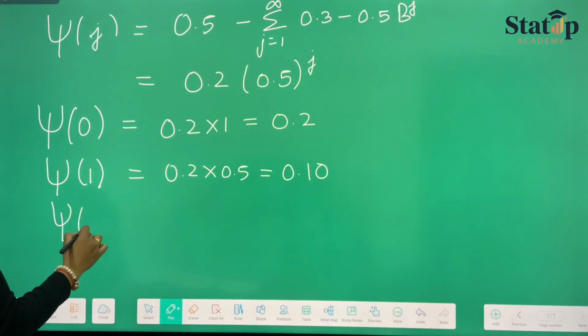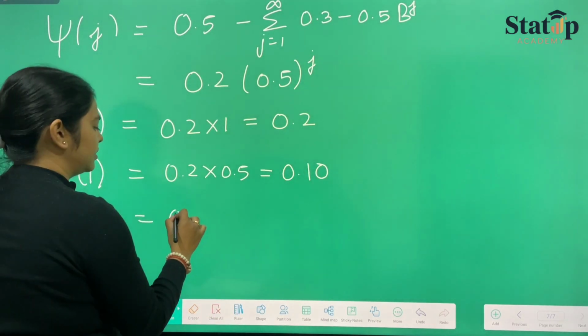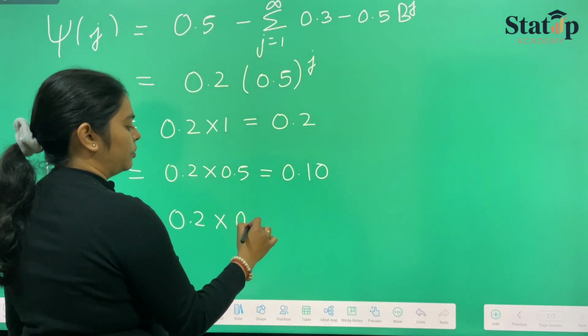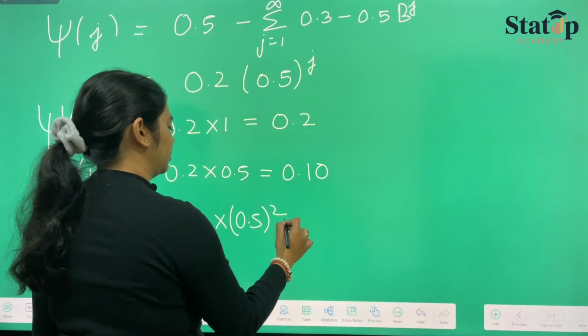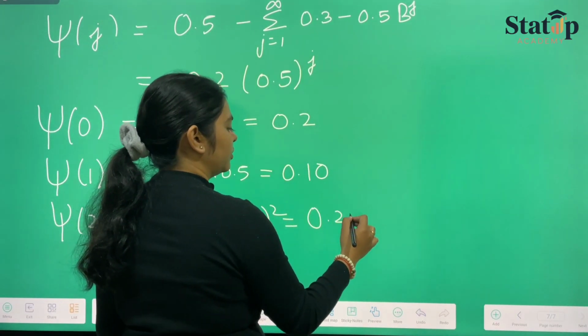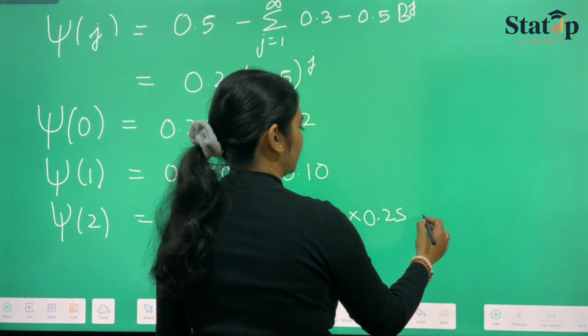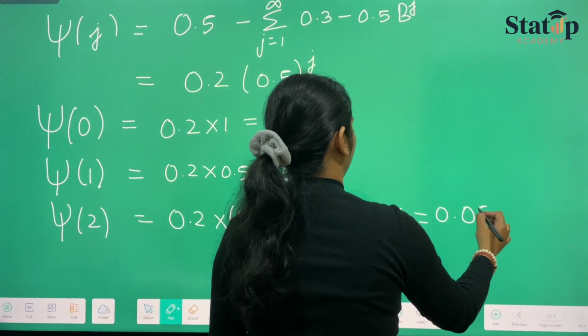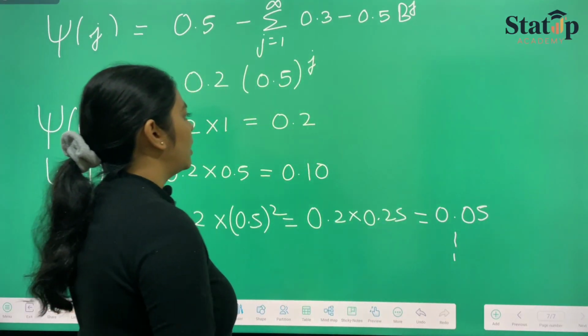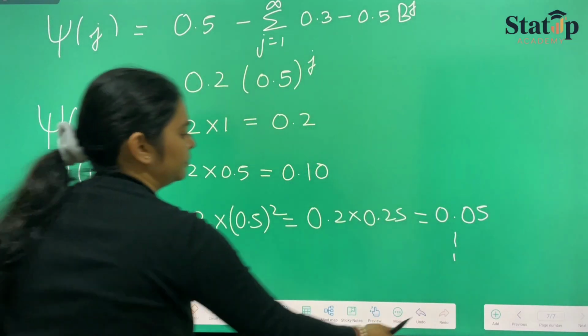If we take the value of phi 2, then this would be 0.2 into 0.5 raised to the power 2. It would be 0.2 into 0.25, 0.05, and so on.